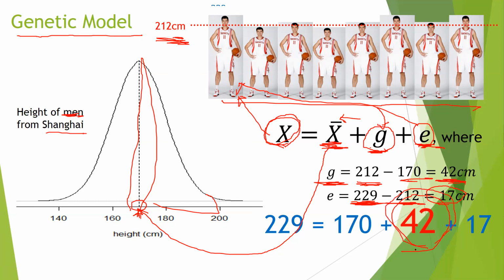So this is only due to the gene, right? This is due to the environment. So we are interested in this because we want to identify the genes that are responsible for this extra 42 centimeters when compared to the population mean. So this is what we can do in the genetic study.